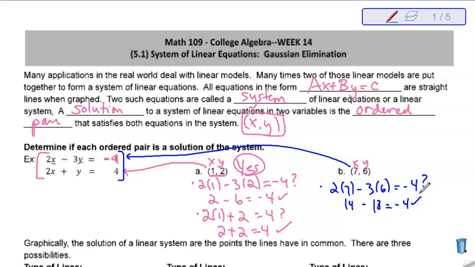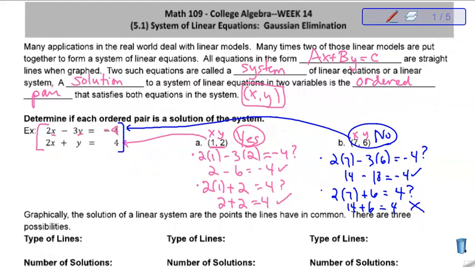It works. But when I plug 7 and 6 into the next one, does it work? I get 2 times 7 plus the y value. Is that equal to positive 4? Well, this is 14, that is 6. Is that equal to 4? Absolutely not. So no, this would not be a solution to that system. So the point has to work on both of them.